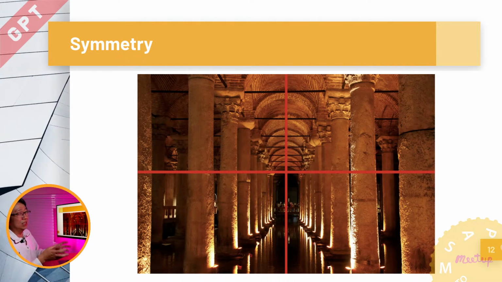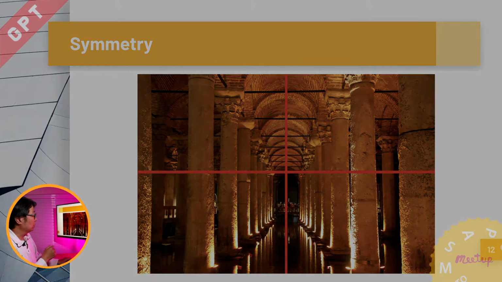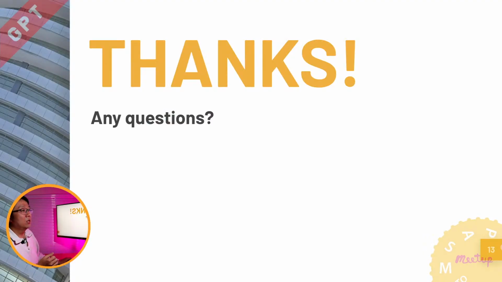For symmetry, it's not necessary for the two sides to be completely identical, but we try to have them match each other as much as possible. So basically these are the two fundamental composition ideas. I hope everybody enjoys the basic ideas, and if you have any questions, feel free to ask.